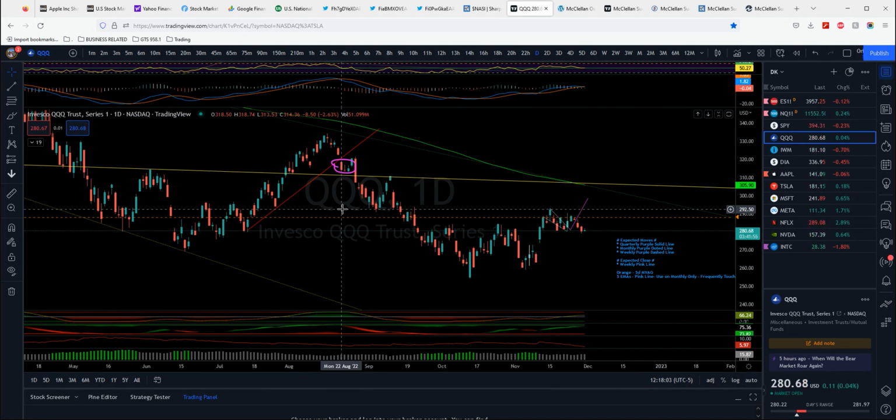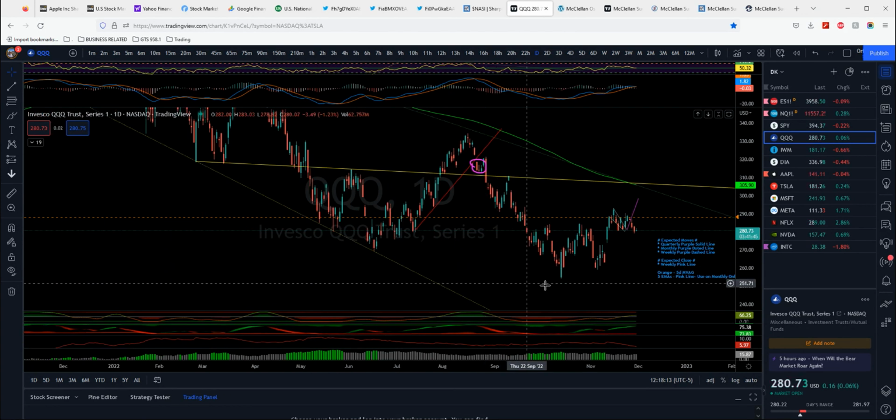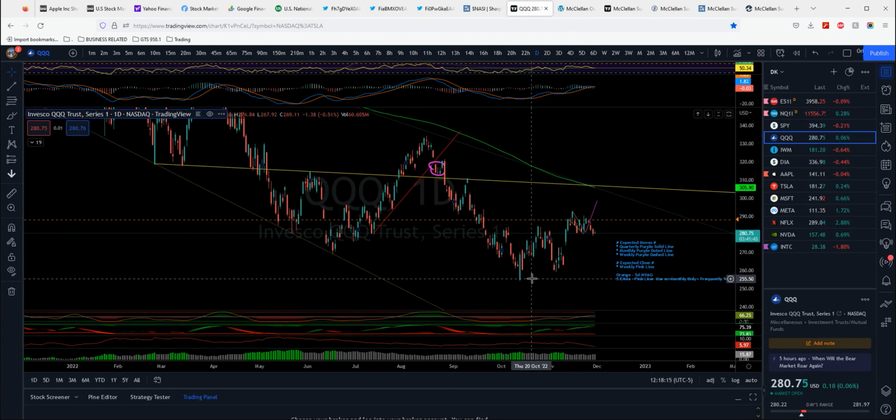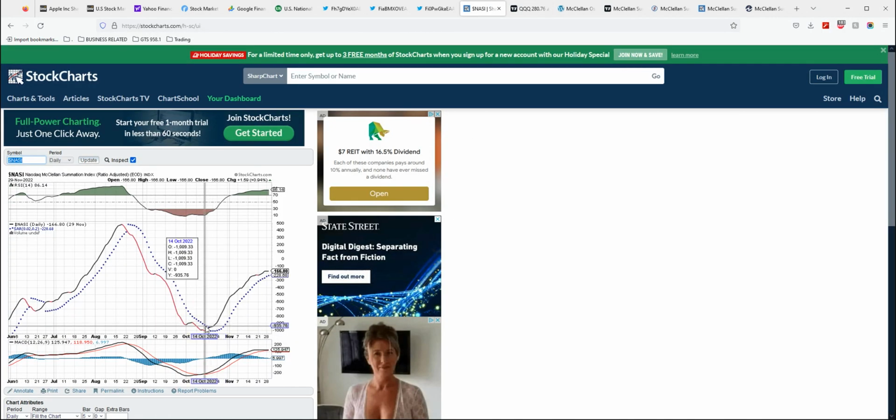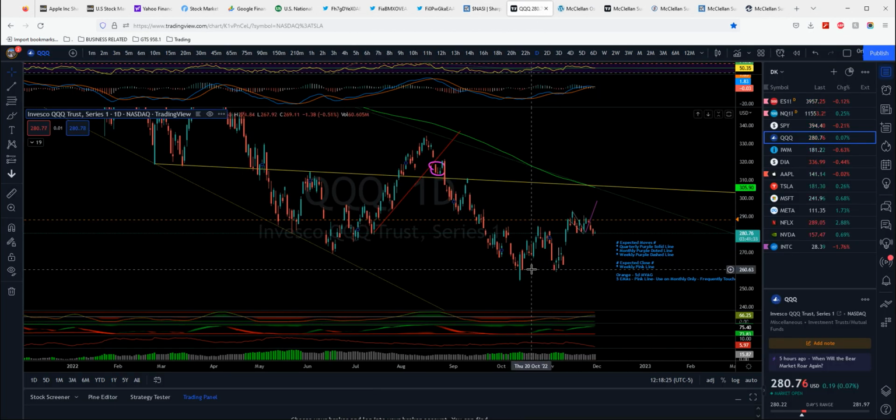Keep in mind that this indicator doesn't tell you how high the price is going to go, and it doesn't tell you how low the price is going to go. As an example, whenever we had a crossover on October 18th, 19th, from sell-off to growth, to positive breadth, the market sold off, but we never really took out the low from the previous.